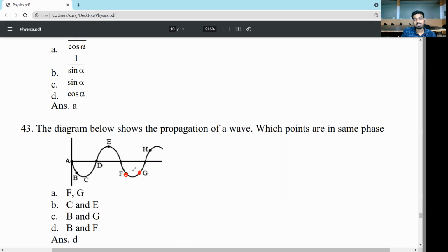See, same phase means if one point is going down, the other point should also go down. Here, F and G, are these in the same phase? No. B and F are in the same phase. So option D is correct.